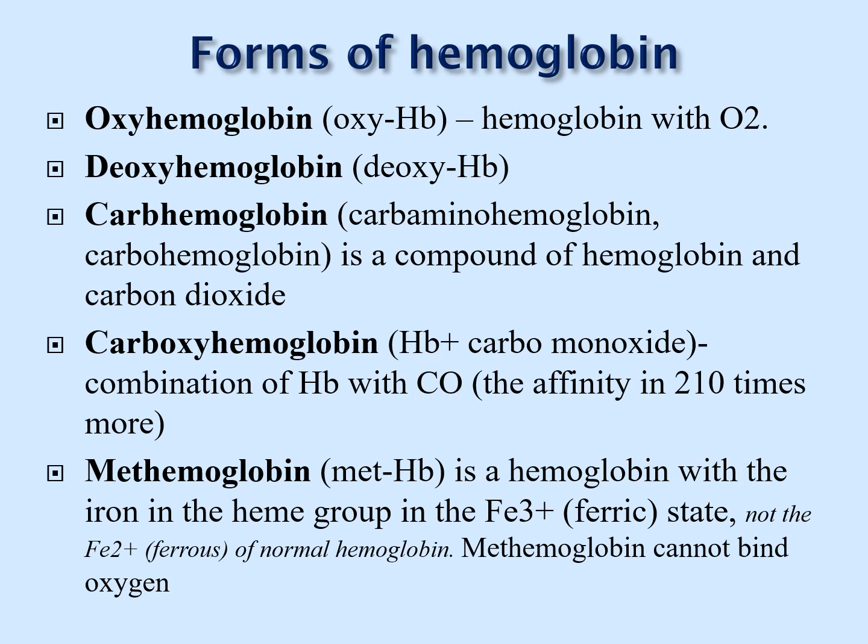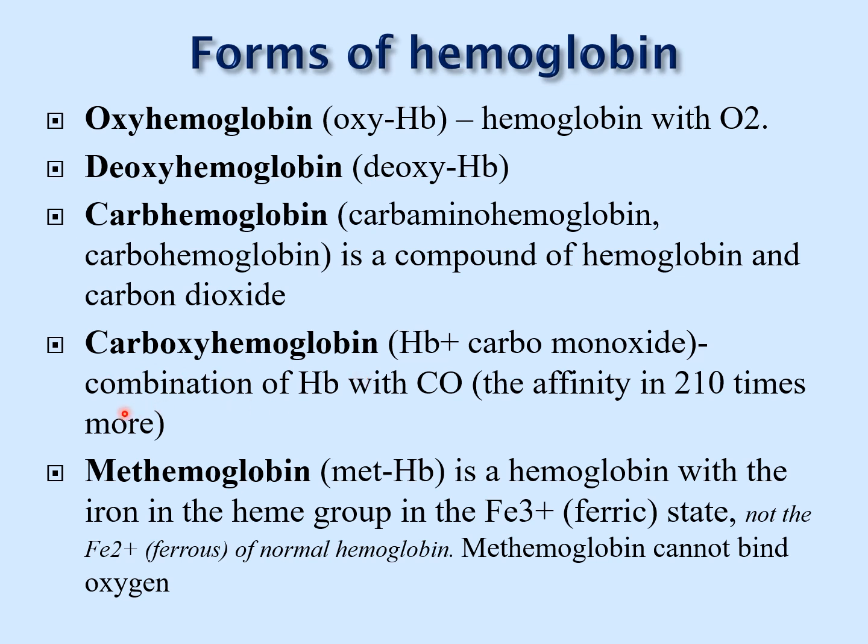You should know that there are different forms of hemoglobin, and you should know these forms, and you cannot change the names of these forms. Oxyhemoglobin, this is hemoglobin with oxygen. There is deoxyhemoglobin. There is carbhemoglobin, which is a compound of hemoglobin and carbon dioxide.